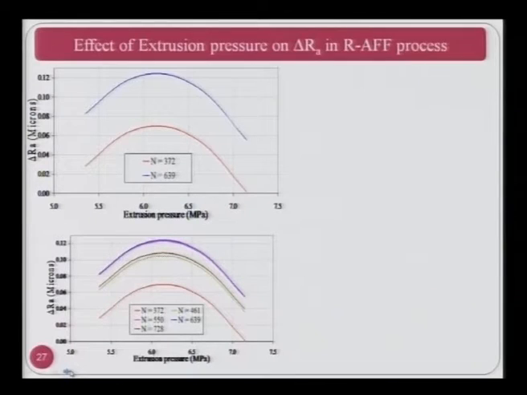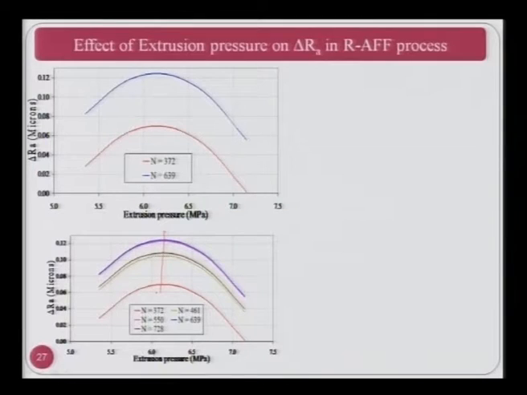Now, here you can see the number of cycles: 320, 372, 461, 550, 639, 728, and in all cases you will find that they attain a certain value which gives you the maximum or optimum delta RA value.